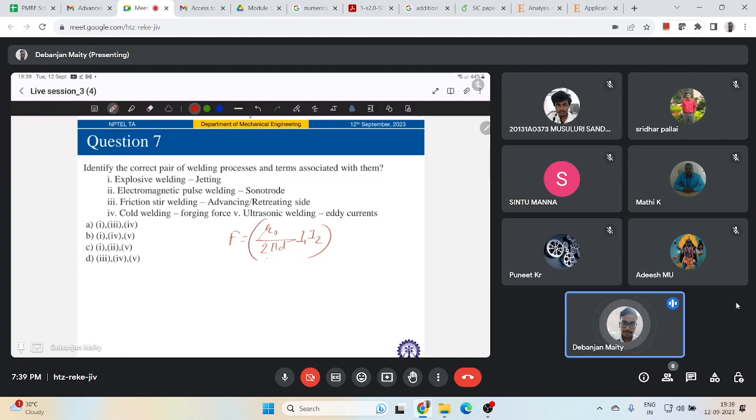That's how you can calculate the force between infinitely long parallel conductors. What is mu naught? Mu naught is the permeability. What is d? The distance between conductors, correct? And I1, I2 are the currents flowing.